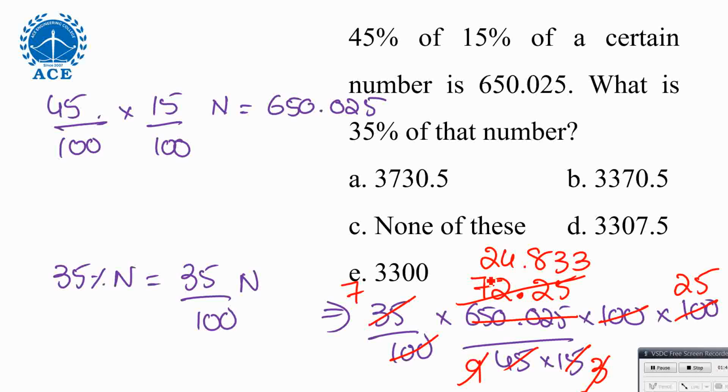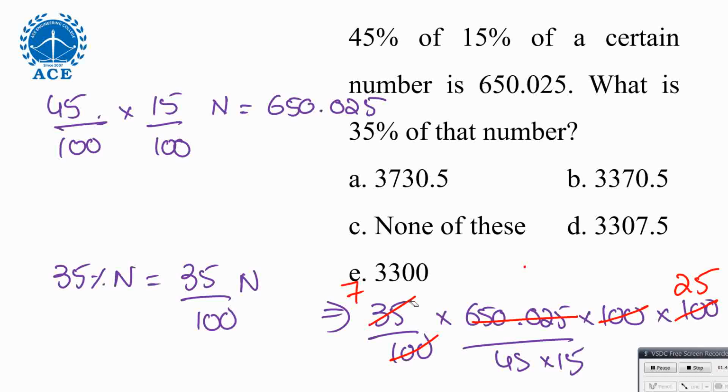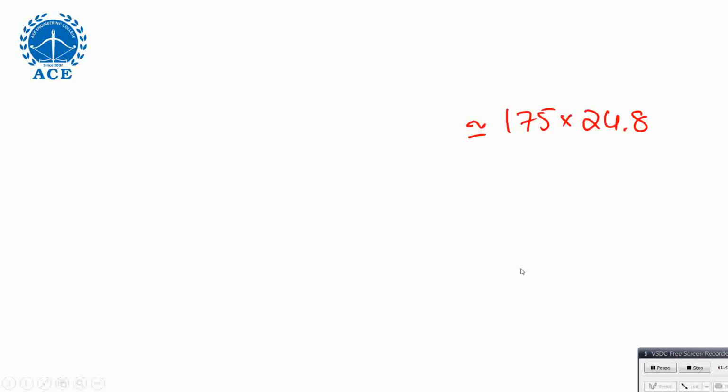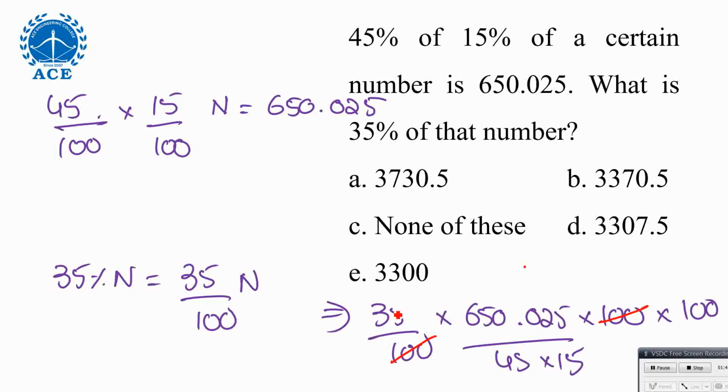Yeah, 650 here. I think some mistakes might be there. So 100 gone, that's fine. And here I might have made some mistake in calculations. So what did you get finally after all these calculations? Option B, C, or which one? B. B for Bangalore. Okay.